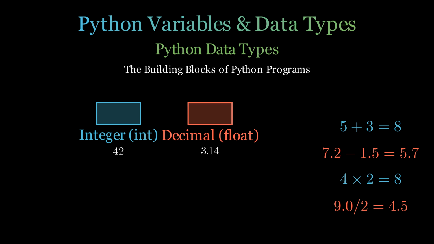Here we see examples of addition, subtraction, multiplication and division. Notice that operations between integers produce integers, except for division, which always produces a float. When you mix integers and floats in an operation, Python automatically converts the result to float.